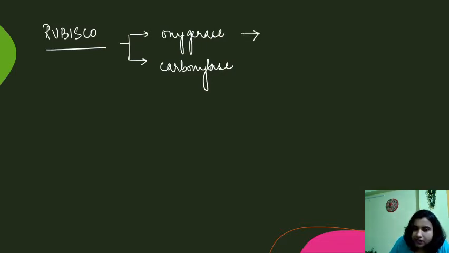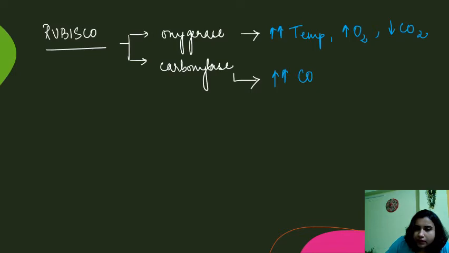at a very high temperature, high amount of oxygen and low amount of carbon dioxide. And carboxylase activity takes place when there is a high amount of carbon dioxide.